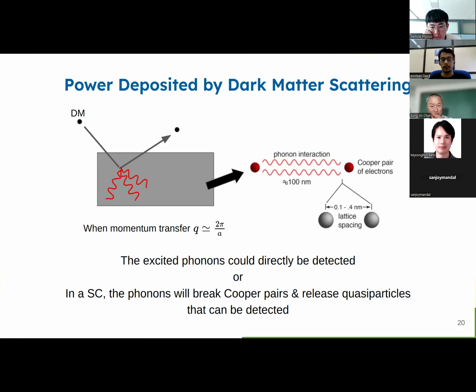One example is transition edge sensors, and nowadays we have very good sensitivity, very highly precise sensors which can detect even single quasi-particle excitation in a superconductor. So you can use that. So that's the idea. Dark matter comes and scatters, excites phonons. These phonons will then break some of these Cooper pairs, they release quasi-particles, and these quasi-particles will be detected.